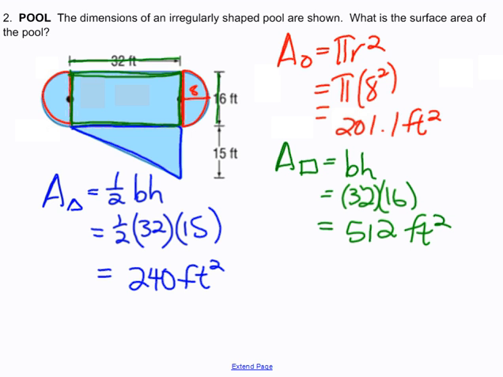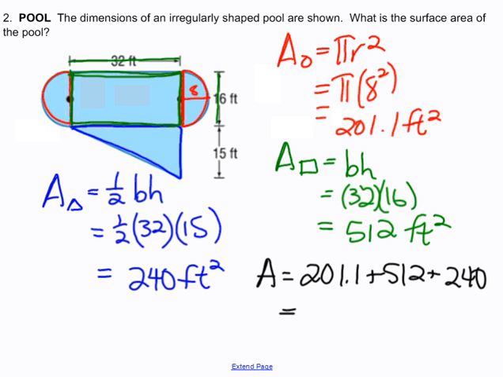So now the area of all of those shapes together is going to give us the total area of that pool. So that's going to be the 201.1 plus 512 plus 240, and that's going to be 953.1 feet squared.